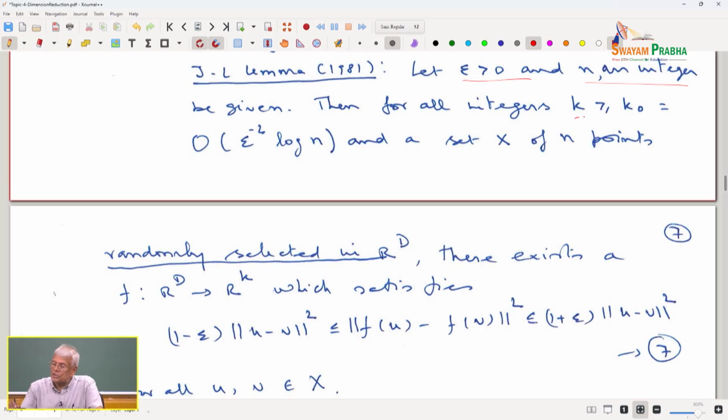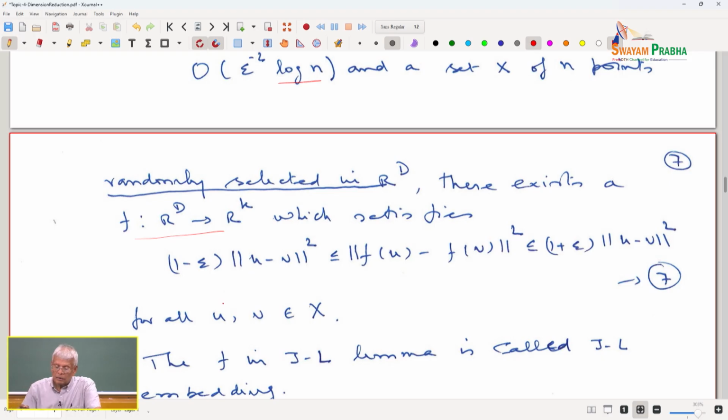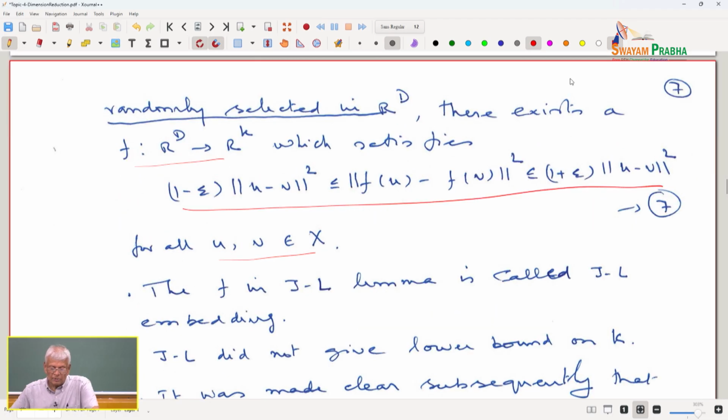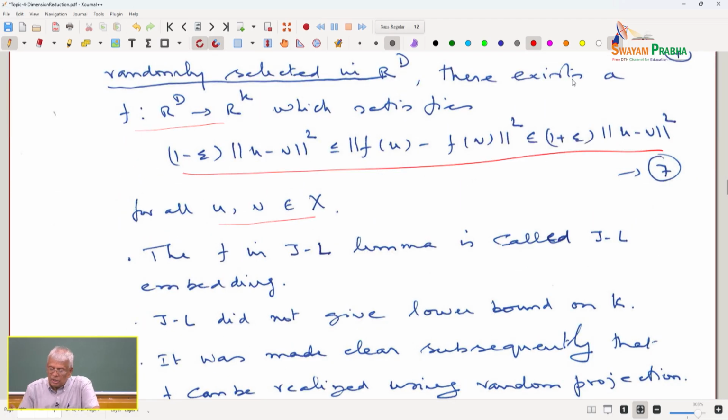Then for all integers k greater than or equal to k naught, which is log of n divided by epsilon square, for a set of n points randomly selected in Rd, there exists a mapping Rd to Rk which satisfies inequality 7, which tells you this is a near isometric embedding for all u and v belonging to X. The f in the JL lemma is called the JL embedding. Please understand what is the statement of the theorem.